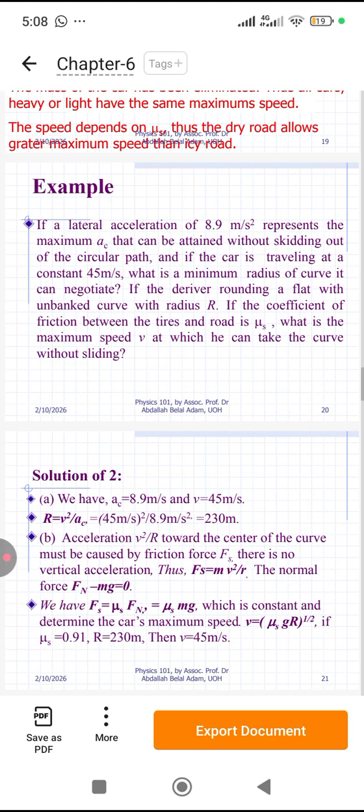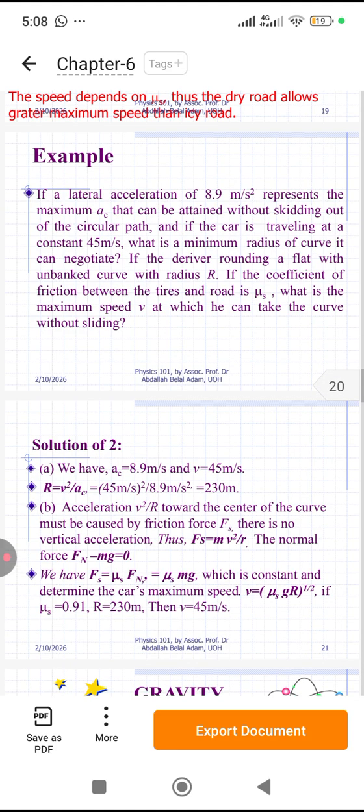For example, if a lateral acceleration of 8.9 meters per second squared represents the maximum acceleration that can be attained without skidding out of the circular path, and if the car is traveling at a constant 45 meters per second, what is the maximum radius of a circle it can negotiate?